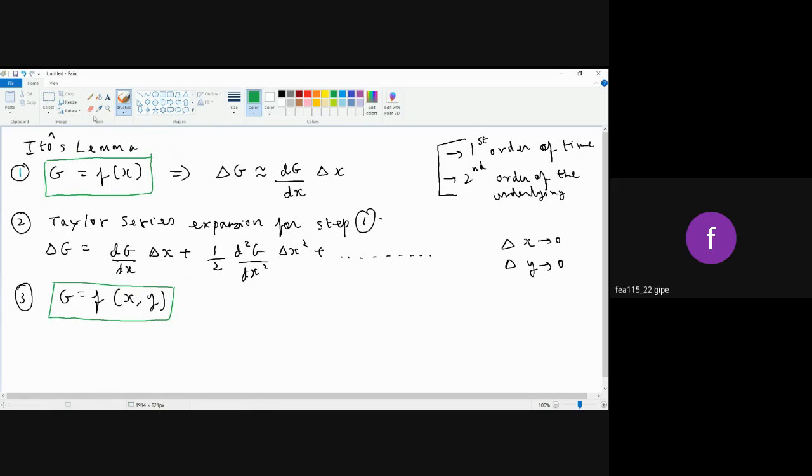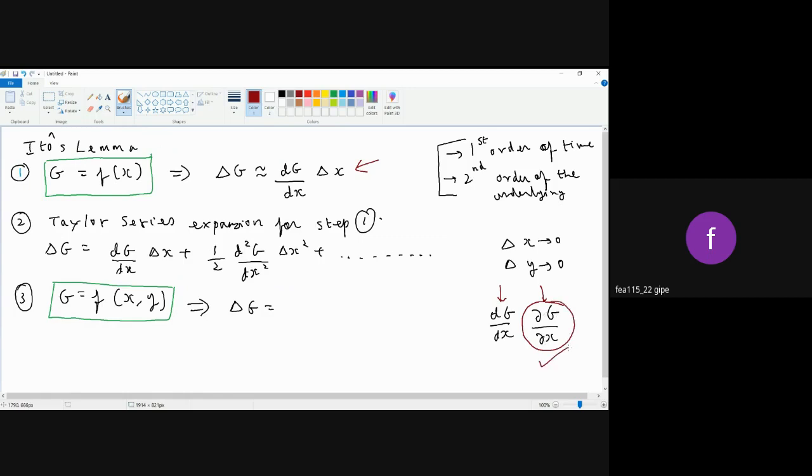So can I also say approximately that delta g is equal to, now do I write dg by dx or do I write dabba g by dabba x? Can I write it as dg by dx or do I need to write this as dabba g by dabba x? What do you think? I want to write something which is similar to this one. Correct, it will be the second one.